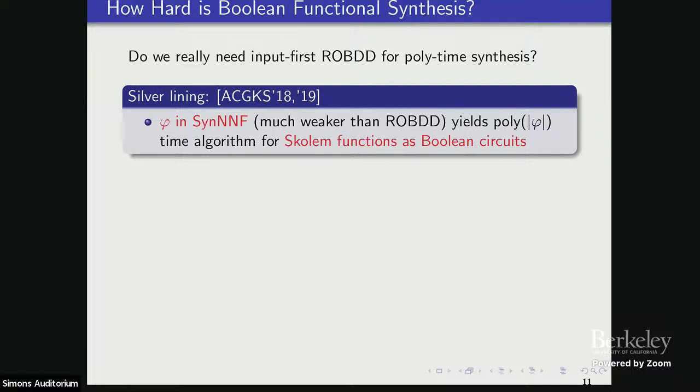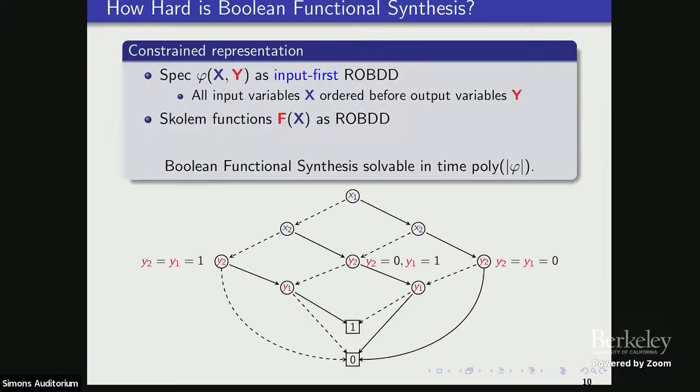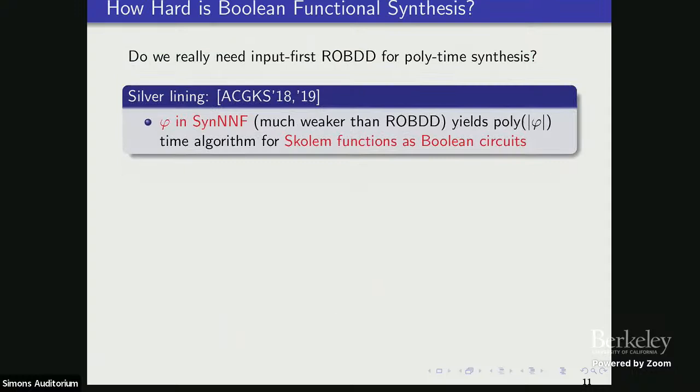And this is going to yield polytime algorithms for synthesis, as long as the Skolem functions are represented as Boolean circuits. And remember, in this case the Skolem functions were also represented as ROBDDs. But here, as long as we are fine with the Skolem functions as Boolean circuits, I can do with exponentially more succinct representations of the specification.